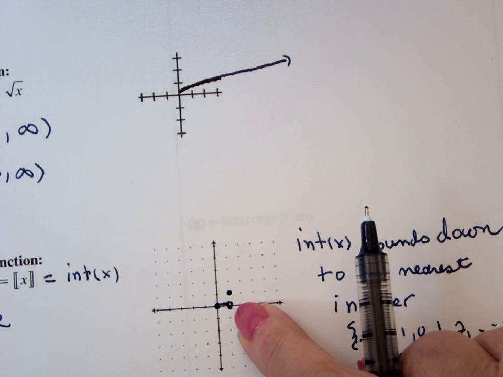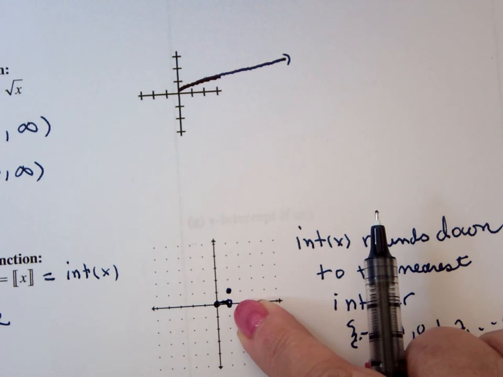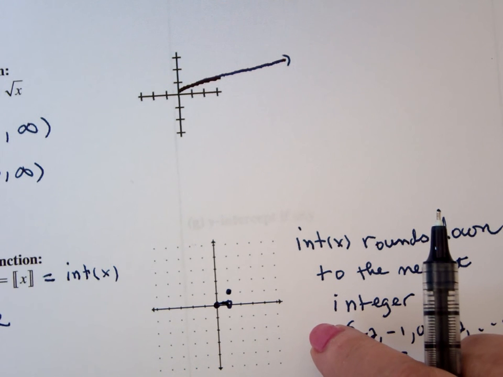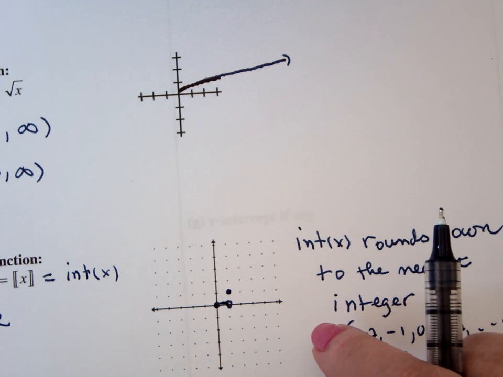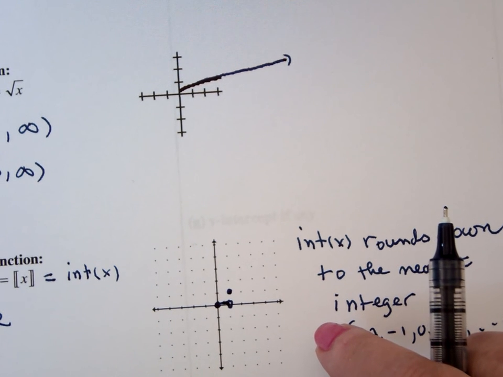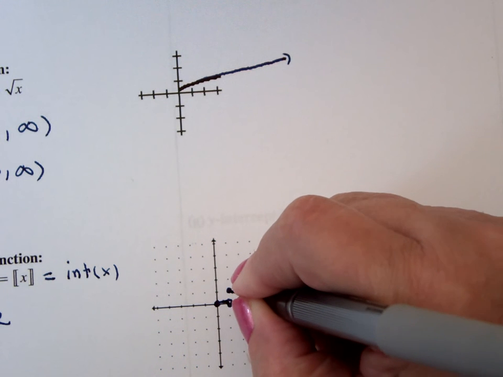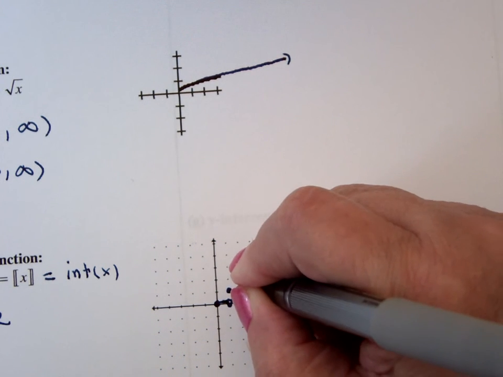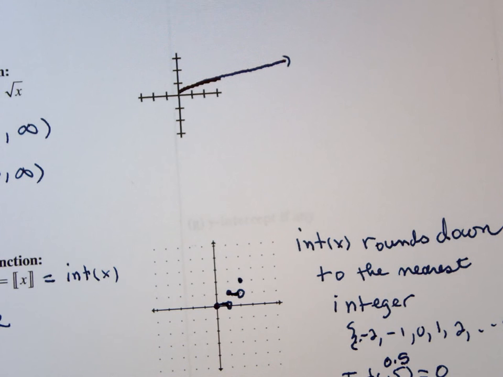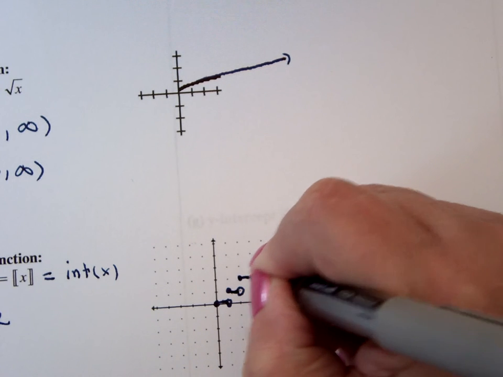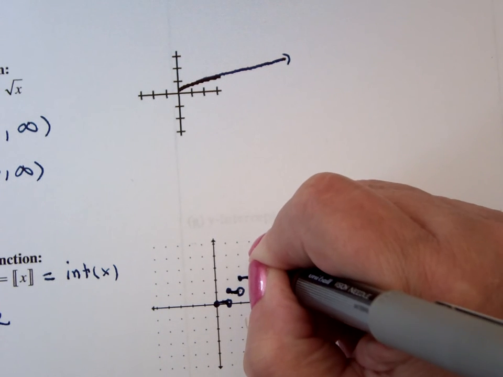And there's an open hole here. Int of 1.5 is 1, int of 1.9 is 1, int of 2 is 2. So that says it's 1 till it gets to 2, then it jumps. Between 2 and 3, it is 2 till it gets to 3, then it jumps.